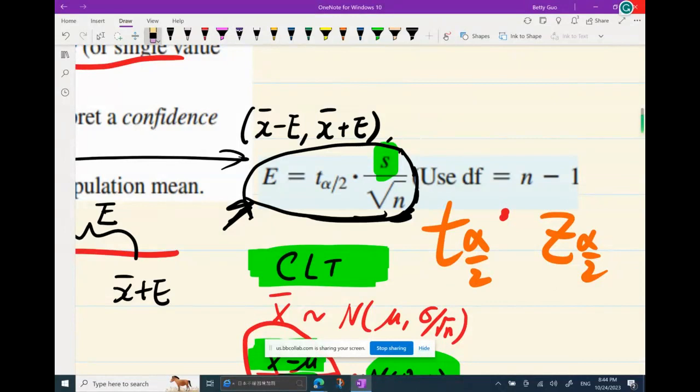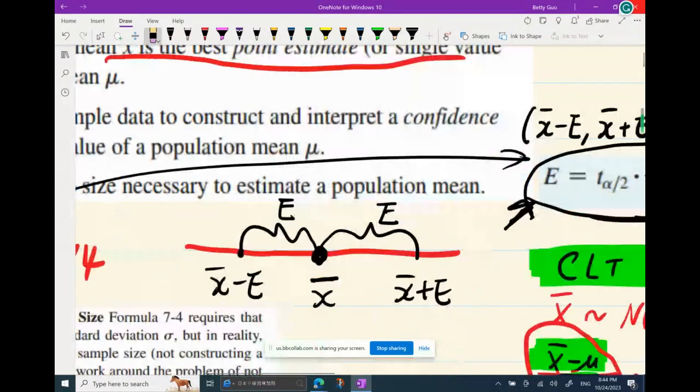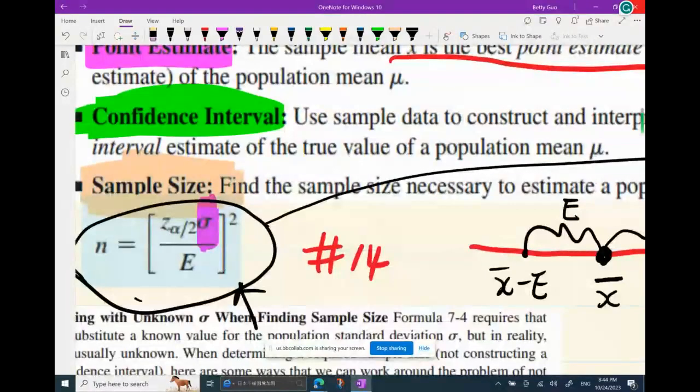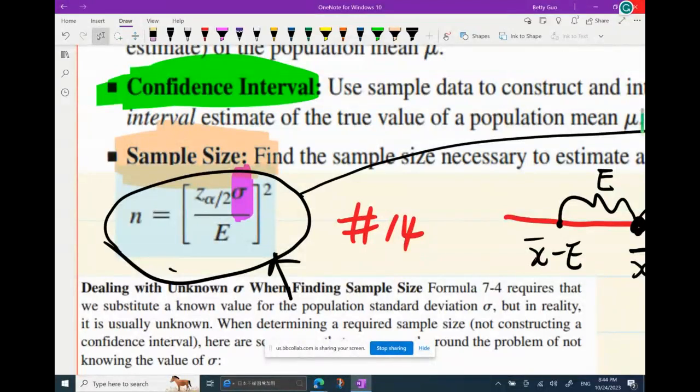Because we want sigma, not S. So here, sigma is gonna be the population standard deviation, the value from the past, some other research result. That's the reason this formula is completely different. And I think that would be enough for us, just to know the formula is different.